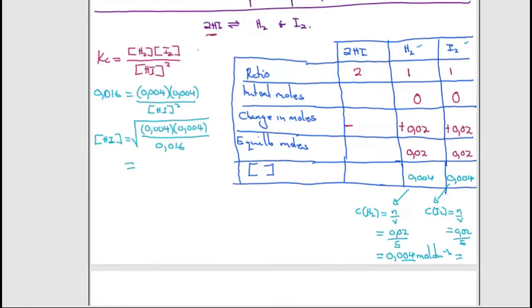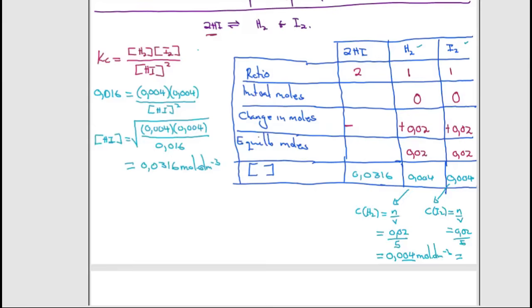If we do our math, we should get a value of 0.0316. So this is the concentration, in mol per dm³. That's the concentration of this one.